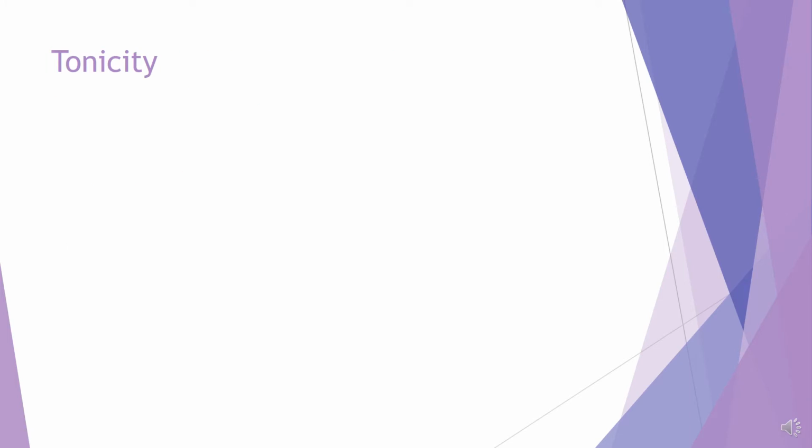All right, so let's talk about tonicity. This drives the direction of osmosis, and it's really going to depend on how much stuff is dissolved in the water. There are 3 different types of osmotic solutions, okay?